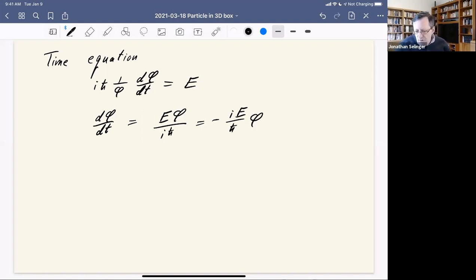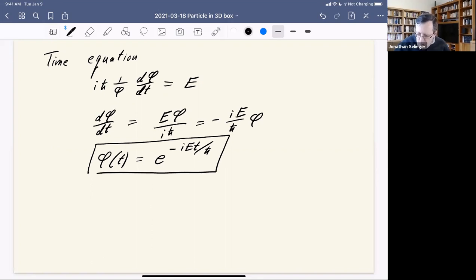The first derivative is a constant times the function itself. You know how to solve this because we've been doing it all semester: phi has to be the complex exponential of minus i E time over h bar. So this is just like one dimension.